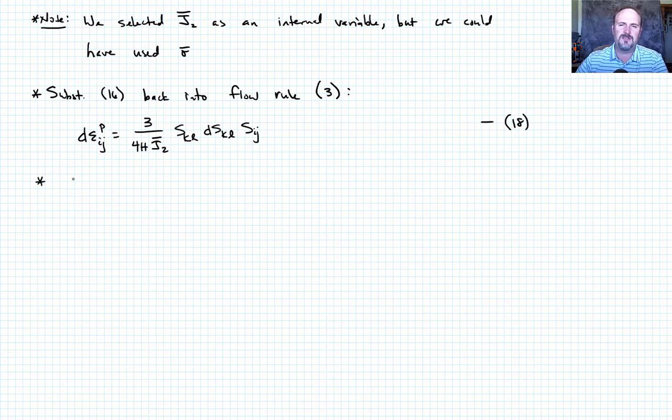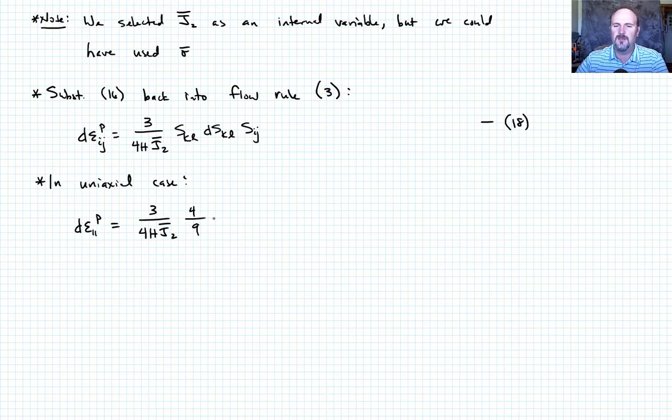And then also, just as a quick check, how about in the uniaxial case, we could write that d epsilon 1 plastic is equal to 3 over 4h times J2 bar. And now this quantity up here becomes times 4/9 sigma 1 squared d sigma 1. So let's keep on carrying this out.